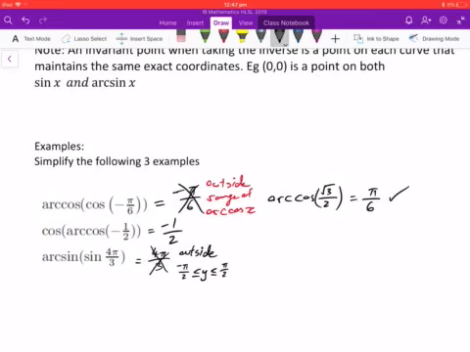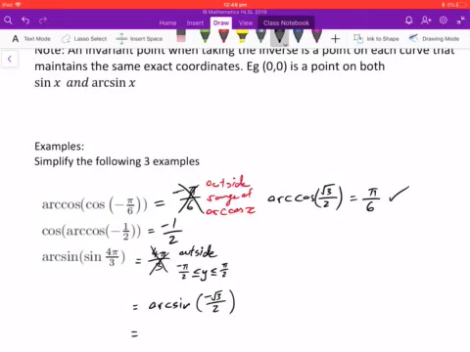So instead, arcsine of sine 4 pi on 3 is the same as, no, my mistake, it's the negative of sine pi on 3. Sine pi on 3, sine 60 degrees, is root 3 on 2. So it's going to be negative root 3 on 2.